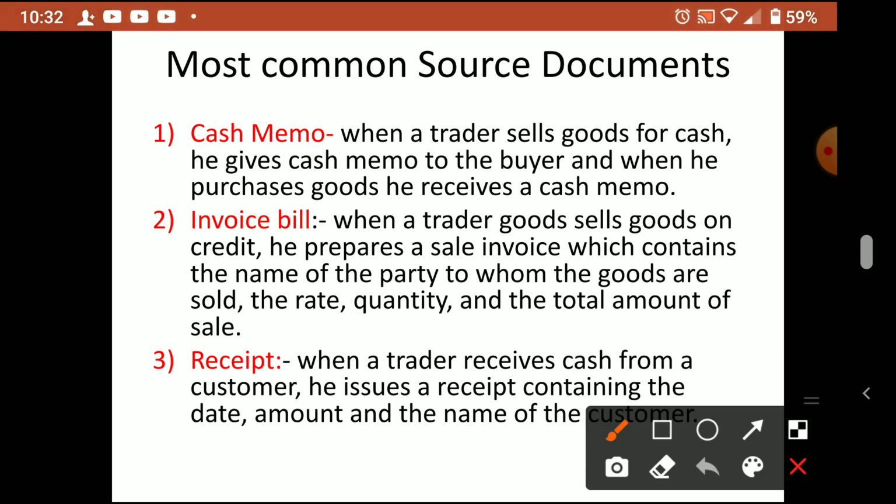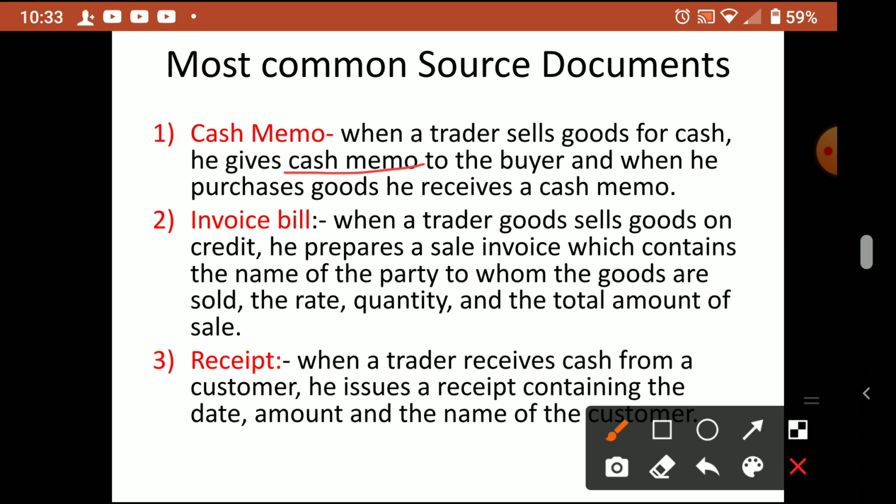When this trader sells goods, he gives a cash memo to the buyer. Suppose you purchased a textbook, for the evidence they will give you a cash memo. You must have noticed they keep a carbon copy in a receipt book.